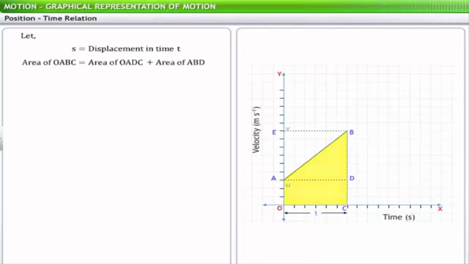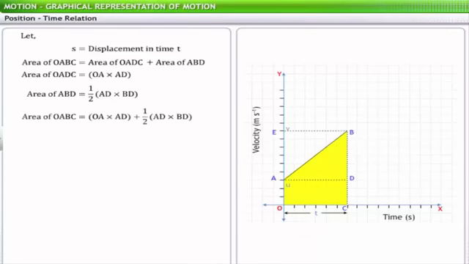The area of OABC is the sum of the areas of rectangle OADC and triangle ABD. Area of a rectangle is product of its length and breadth, while the area of a triangle is half the product of its base and height.